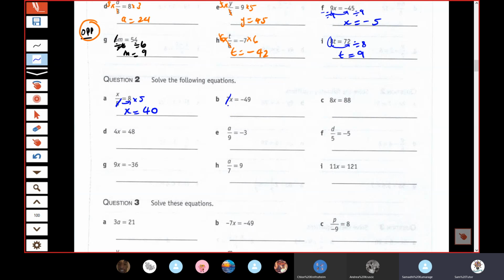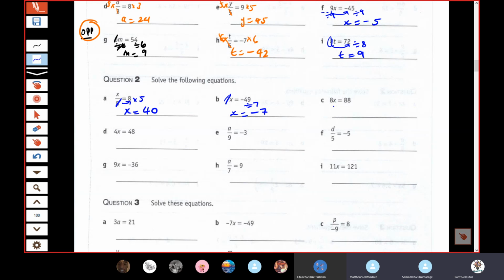Something happening? Can you guys hear me? Okay, Sam, tell us. Sorry, I lost the connection and I rejoined. That's okay. You -49 divided by 7, it gives you -7 because it's a -49. Yeah, good job. So x equals -7. Thank you.